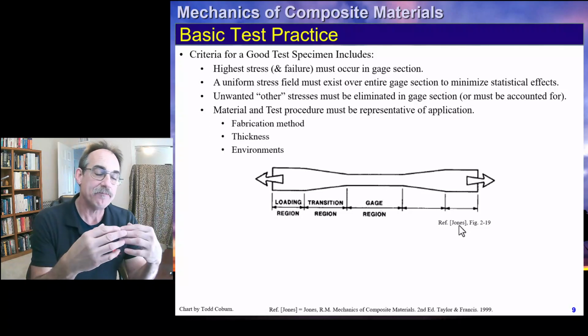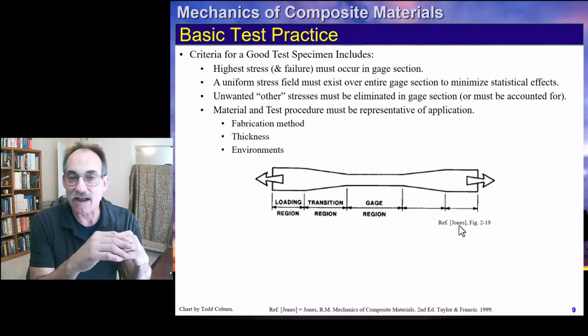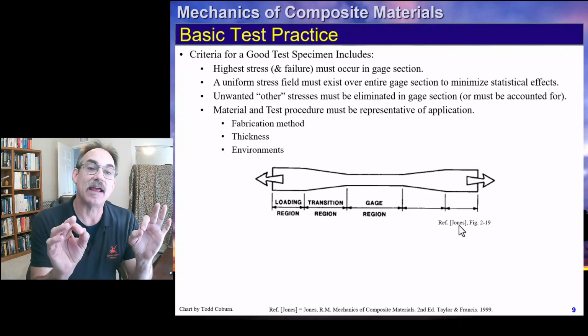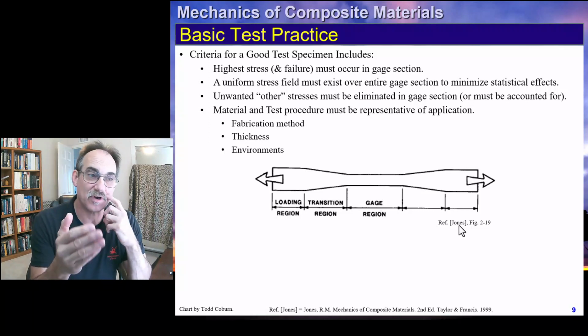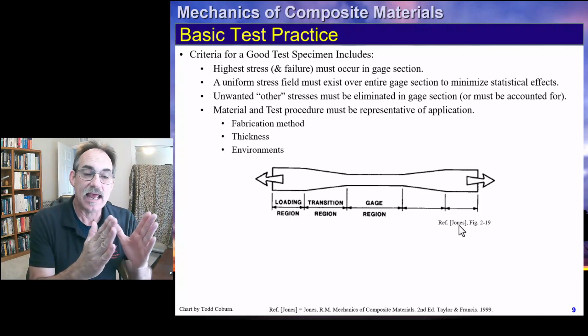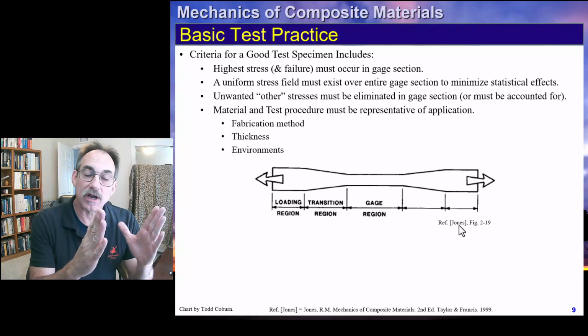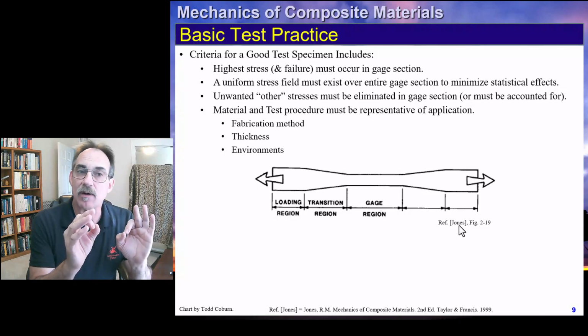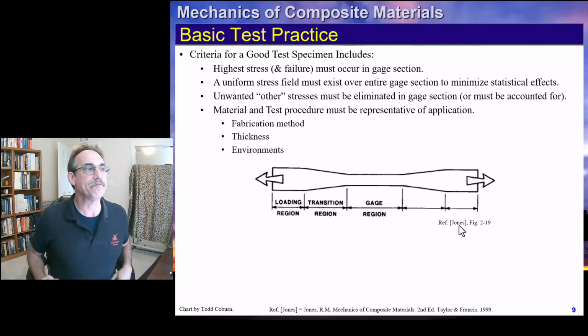That doesn't mean that failure is not valid, but it means that it might not be valid. It might have failed at an early point because of stress risers from the grips. So you want to watch if there's any failures occurring closer to the change in geometry. You're going to want to be a little suspicious of those to figure out whether that was influenced by that.